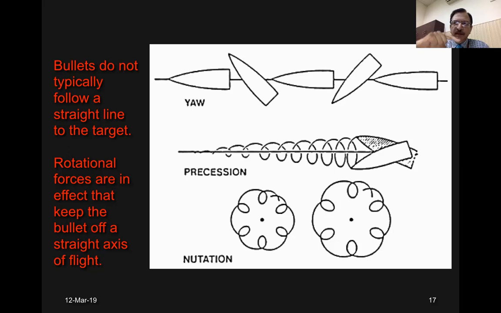Then precession, where the bullet is revolving on its own axis, and then nutation. So these are various atypical movements of the bullet. Despite forward velocity and rotational movement, the bullet will show yaw or precession or nutation.